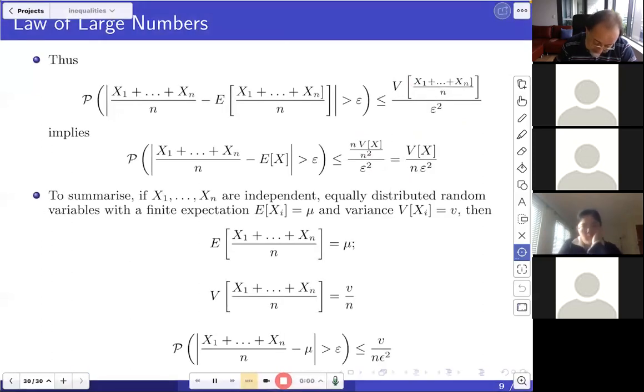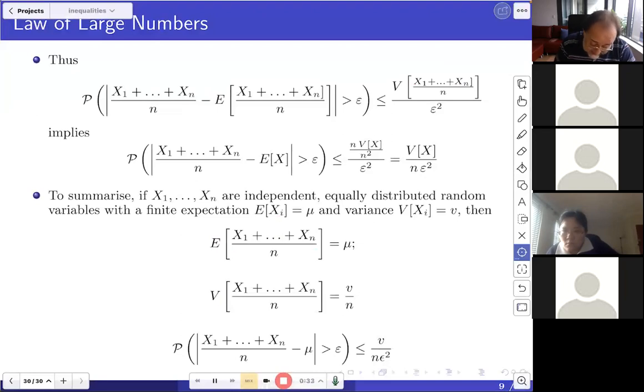So to summarize, regardless of whether the X are independent or not, as long as they are all unbiased, namely the expected value of each of the variables is equal to the true value that they are supposed to measure, then the expected value of the mean will be precisely the expected value of each of the variables.